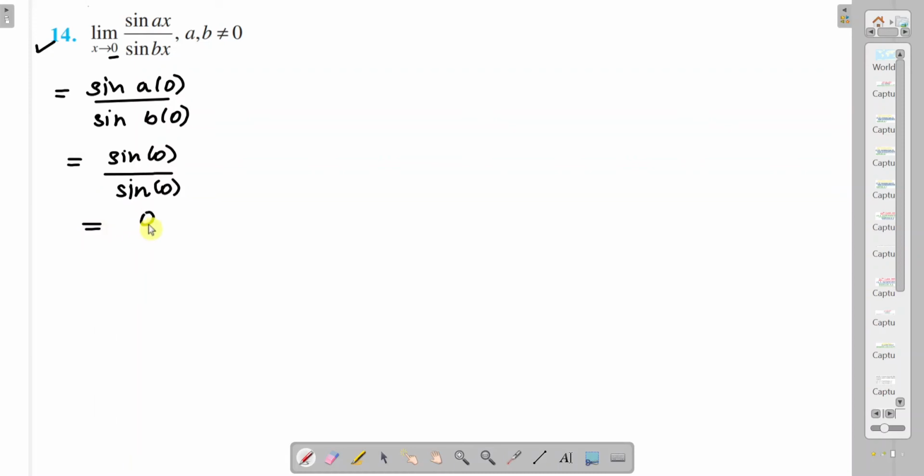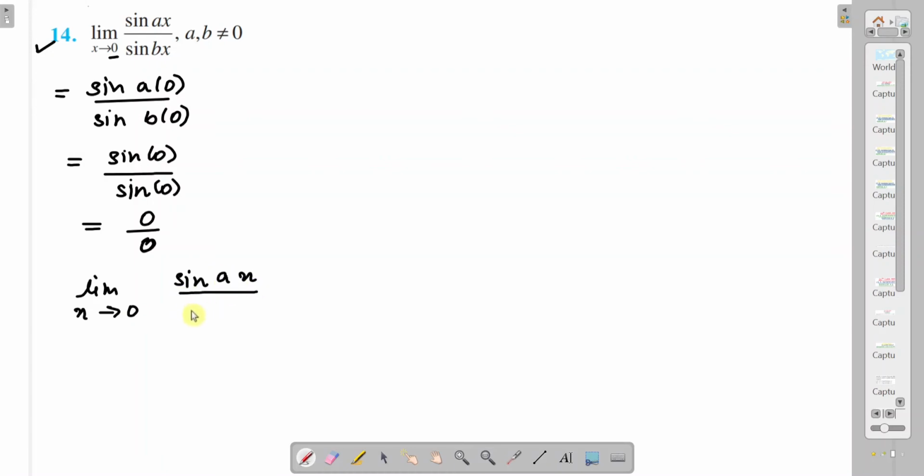So sine of 0 is 0 divided by sine of 0 is 0. So 0 by 0 we are getting here, okay, but we have to write the problem again and simplify, rearrange or manipulate the function to use a formula.